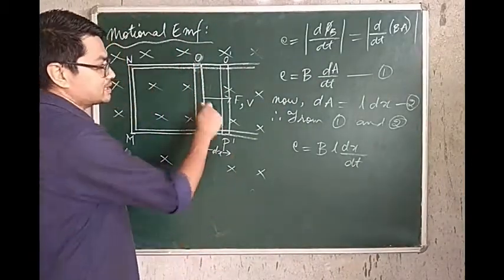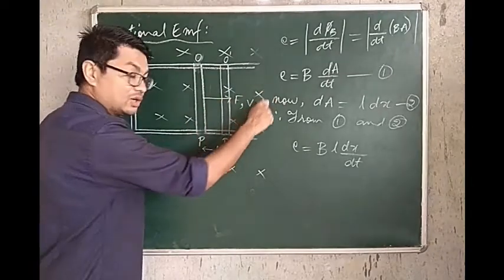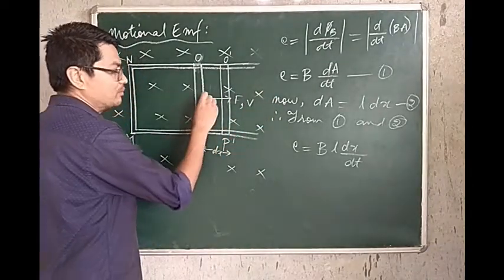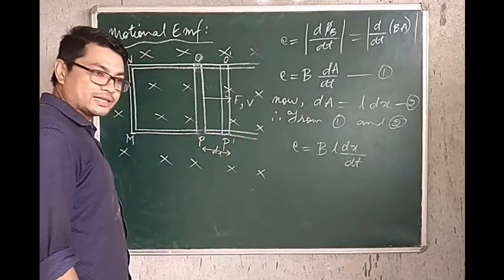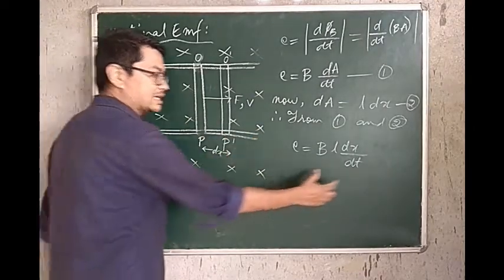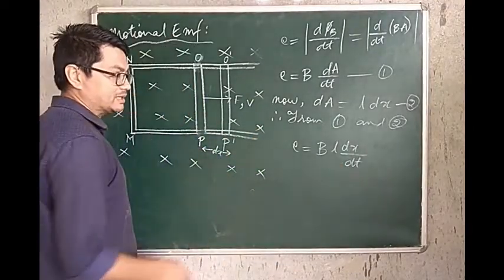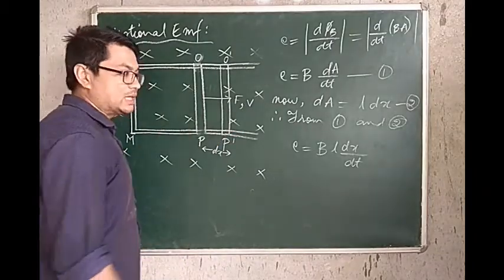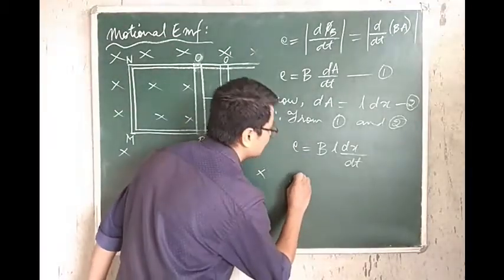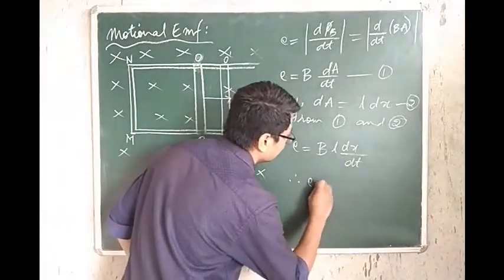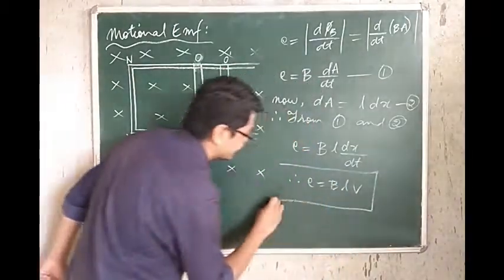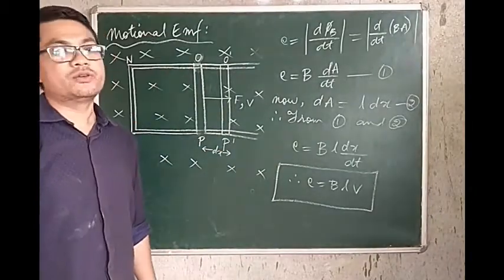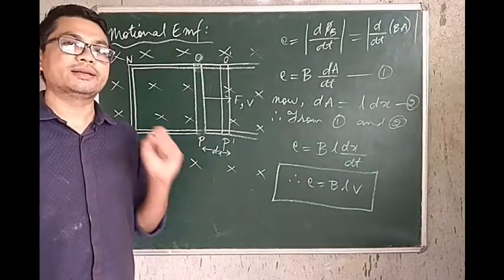Dx by dt is the speed or the velocity with which we are moving the strip OP towards our right hand side. There's the distance it moves in time dt. So therefore dx by dt has to be the velocity v. So thereby we get E is BLV. This is the expression, class 12, for the motional EMF.